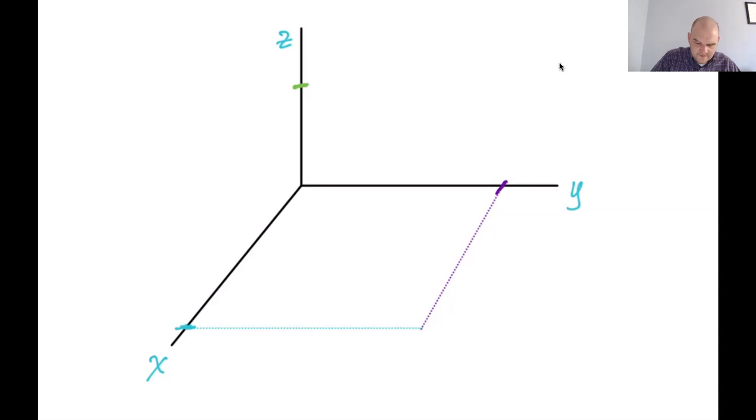And then for z, I'm going to show you a weird, kind of advanced way of doing this, so you don't have to show the entire thing. What I'll do here is go diagonal in the xy plane. So I've drawn a diagonal in the xy plane. And then I'm going to go up from this point, but I want to go straight vertical.